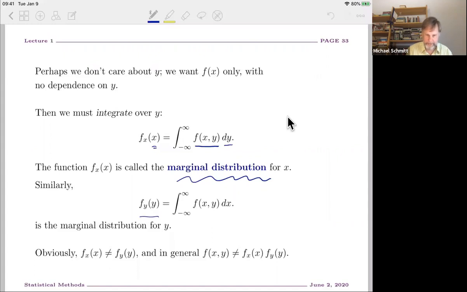Obviously, they're not going to be the same. And in general, this 2D PDF here is not simply the product of these marginal distributions. Okay.